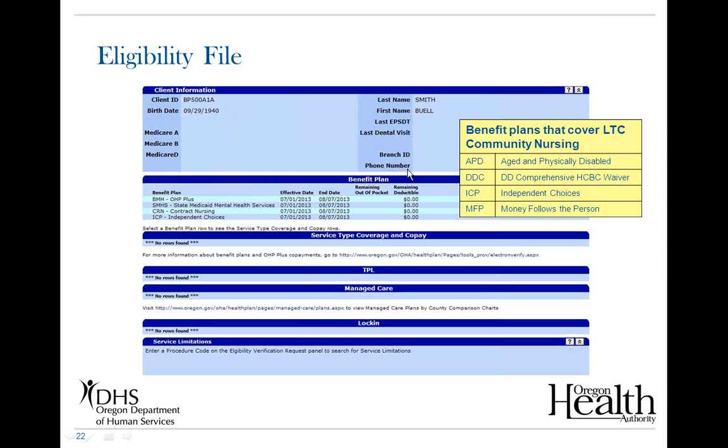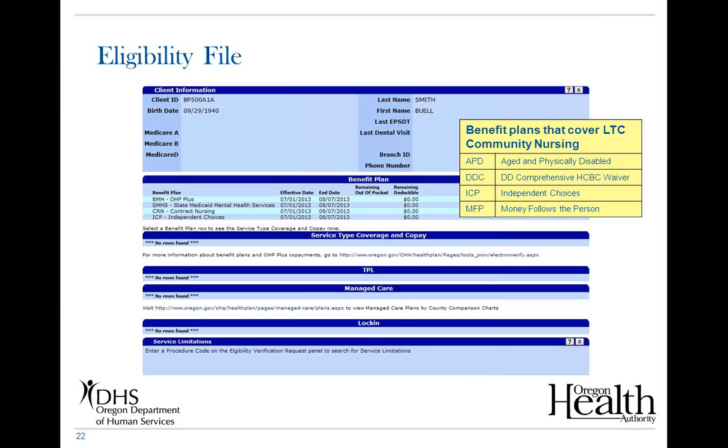You will usually see a branch ID and phone number here. And then you'll see benefit plans if they are eligible. And then this yellow box here tells you which benefit plans cover long-term care community nursing. You'll notice that this client has ICP, which stands for Independent Choices, and that's covered by long-term care community nursing.